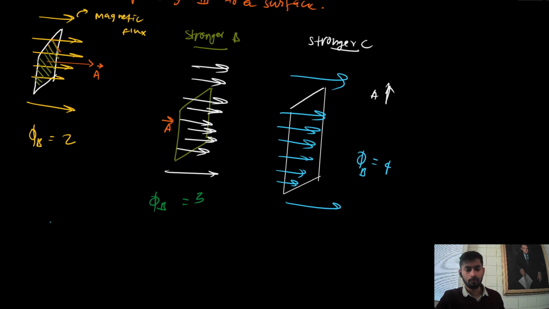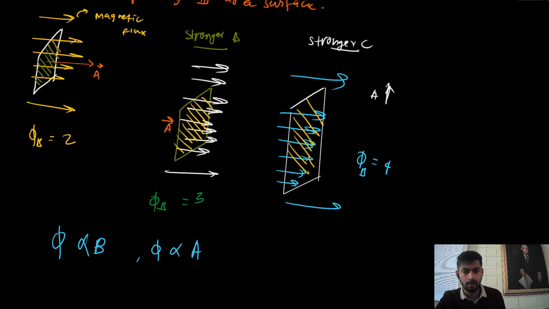Then flux itself is dependent on magnetic field. As you can see, if we increase the number of magnetic field lines passing through the surface, the flux gets stronger. At the same time, flux is also influenced by area, which means if the surface area that we take into consideration gets bigger, then the flux lines passing through the surface increase, right?